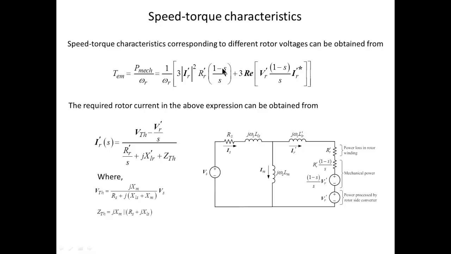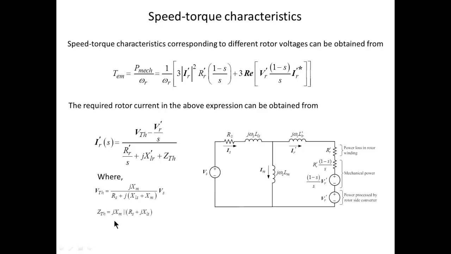So then the question is, given all the other conditions, how do you calculate this IR prime? So you can calculate that fairly simply from this equivalent circuit referred to the stator side. So one method is to calculate the Thevenin voltage at this point, looking into this part of the network. Okay, so that would be the voltage appearing across the magnetizing inductance, and the impedance would be the parallel combination as shown here.